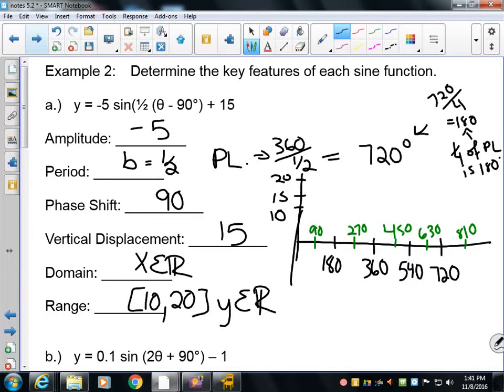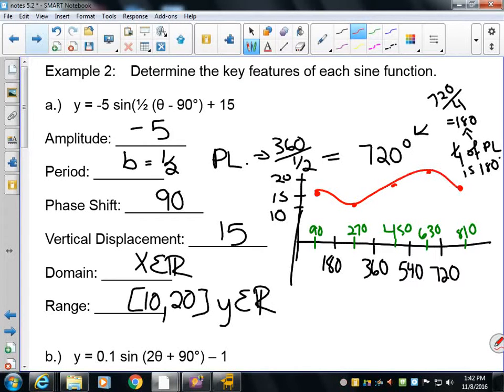Sine normally starts at 0. It's shifted 15 and 90, so sine's going to start here. My amplitude is a -5, so does it mean I'm going to go up to 20, or does it mean I'm going to go down to 10? So we're going to go down to 10, then up to 15, then up to 20, and then back down to 15.